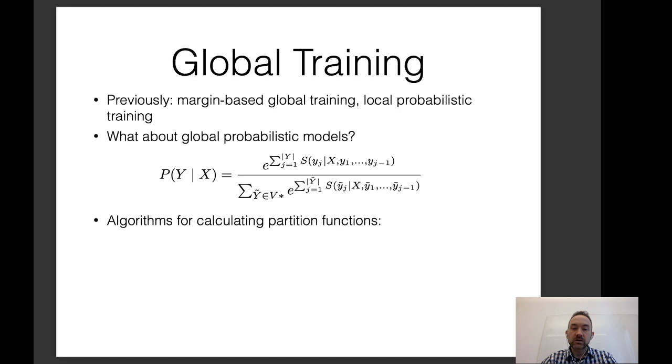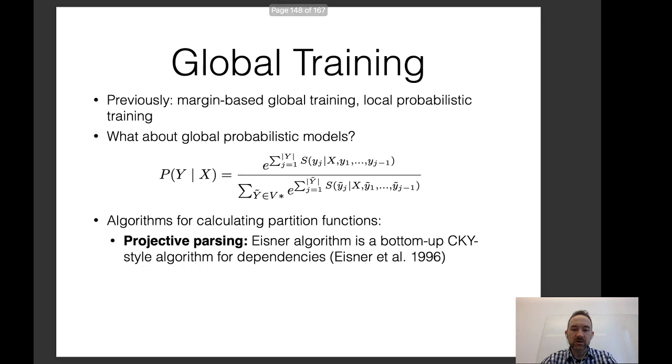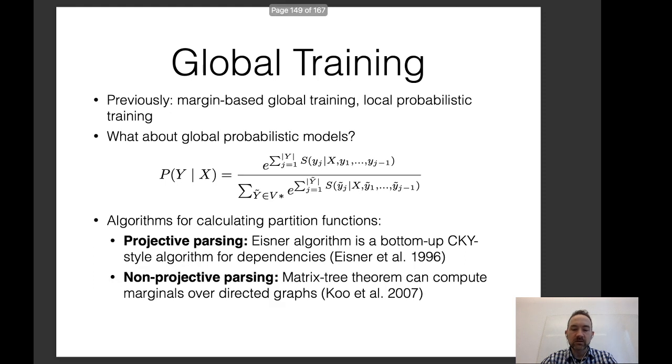This can be difficult, as we mentioned before, in the general case, but for first-order graph-based parsing, we can use different ways of calculating this partition function, and I won't go into the details.